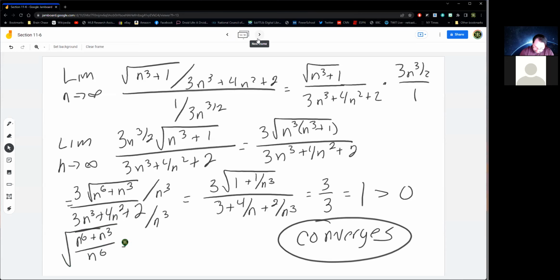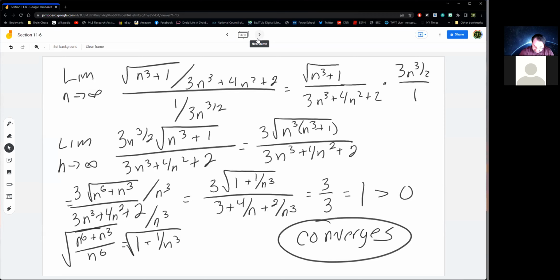That's how I got the 1 plus 1 over n to the third. Oh, okay. So you put it in there, right? Yeah, it has to go inside the square root. Okay. So that still gives us 1 over n to the third. I see what you're saying.